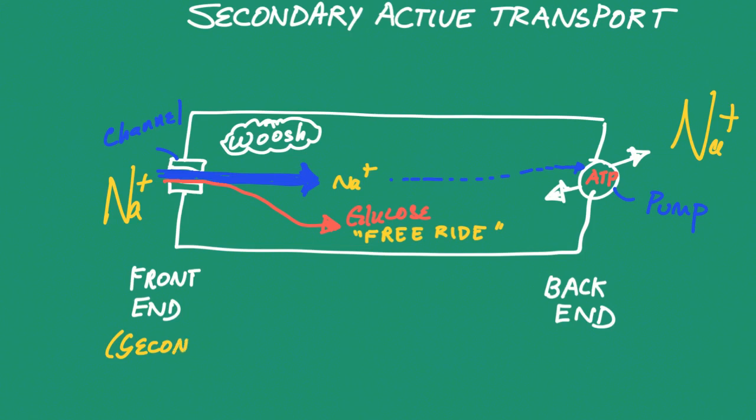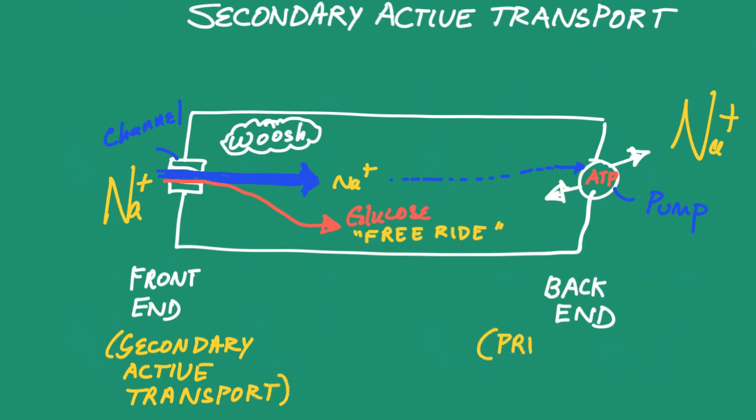This is solved by pumping the sodium out via the back end of the cell because there is a protein pump. That pump moves sodium from a region of low concentration to a region of high concentration, which is outside. So the primary active transport that you see at the back end is what makes the secondary active transport at the front end possible.